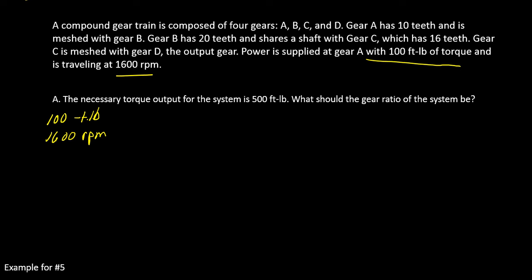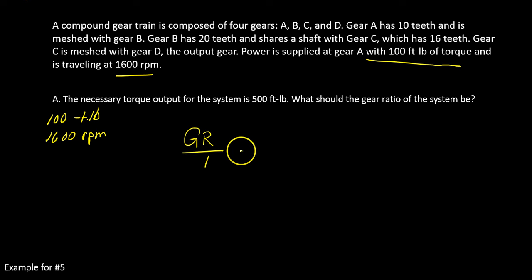The necessary torque output for the system is 500 foot-pounds. What should the gear ratio of the system be? All right, well, so we've got to figure out the gear ratio in this system. And remember, we've moved on to another problem now, so it's not 2 to 1 like we were looking at the others. It's a totally different gear system, gear train.